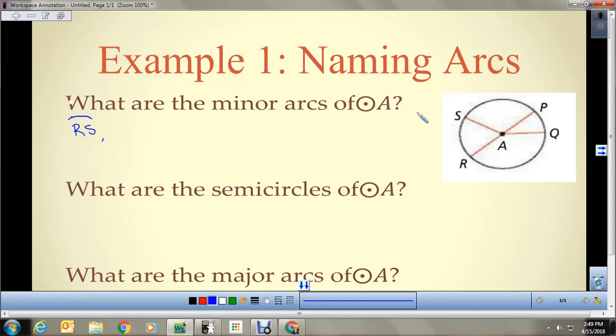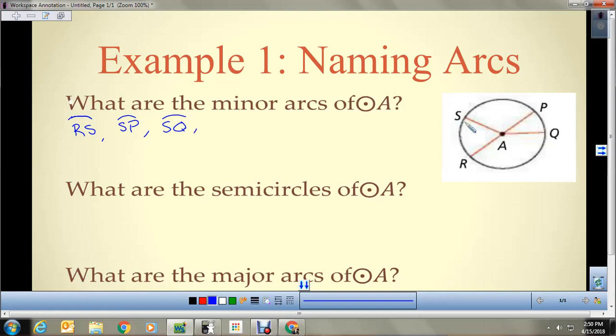The next one is we go around our circle. We can go from S to P. So we'll call this SP. That is less than half the circle. Now the next one we can actually start at S again and go from S all the way to Q. Still less than a whole circle or half a circle, so it is still a minor arc.